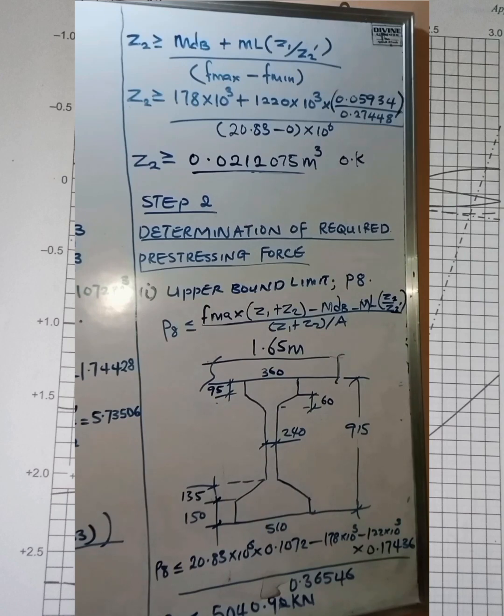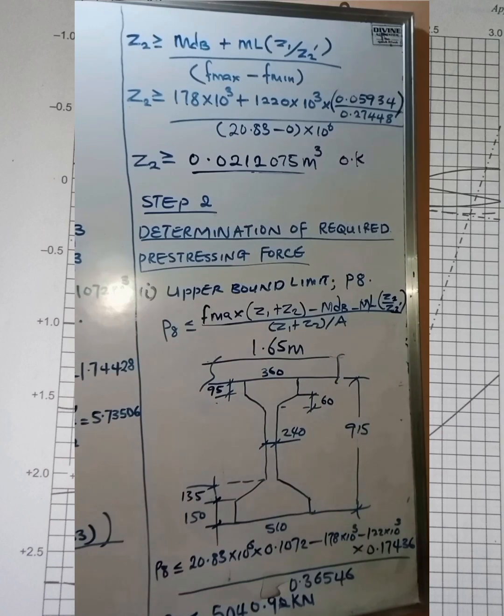So let's check to see if that is true for the section. Remember from what we saw, our Z2 for this particular precast section is 0.04786. So that value is greater than 0.0212075. So we can say that this is true, and therefore the section is okay.